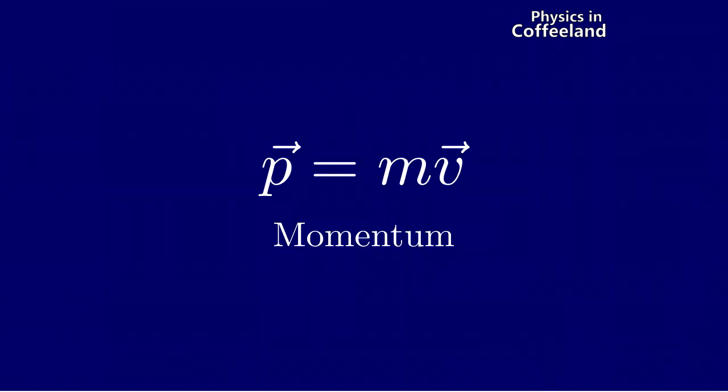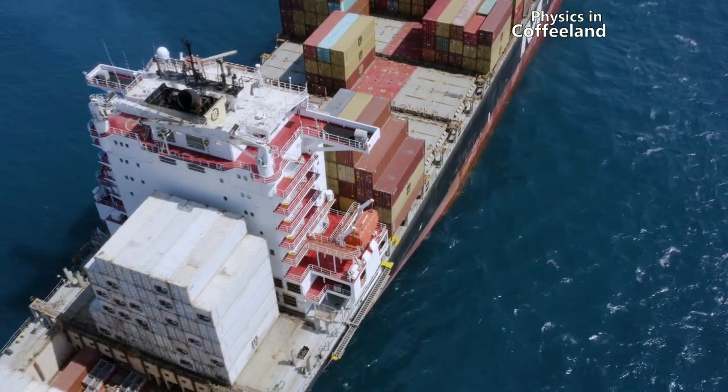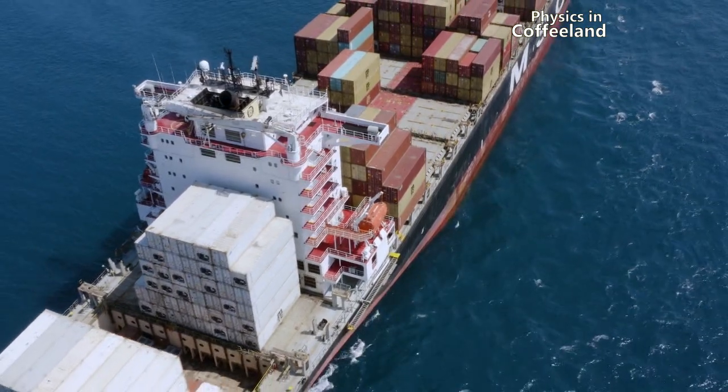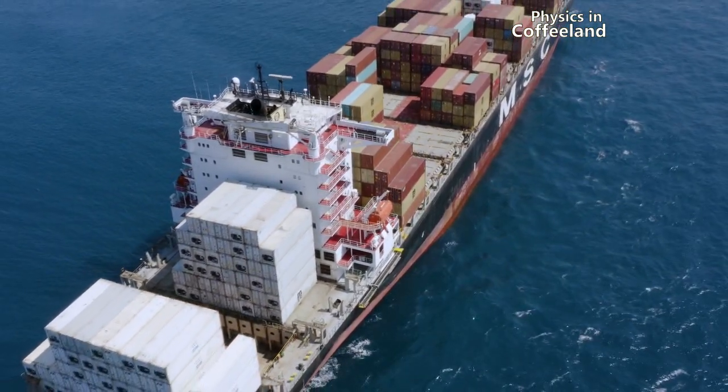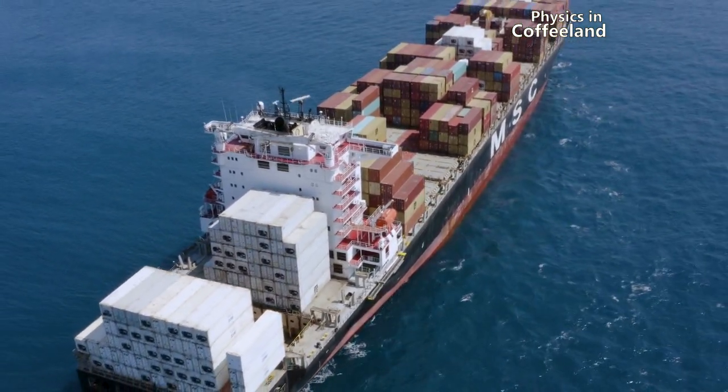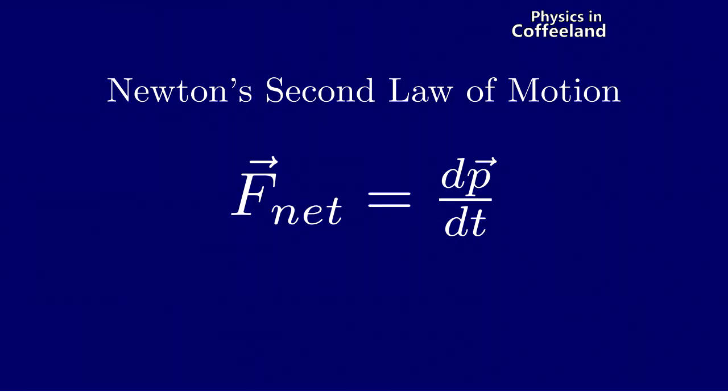Newton defined the so-called quantity of motion as the product of mass and velocity. We call this nowadays momentum. A moving object has momentum. We now get the following as another statement of Newton's second law of motion. The net external force is equal to the time derivative of the momentum of the object.